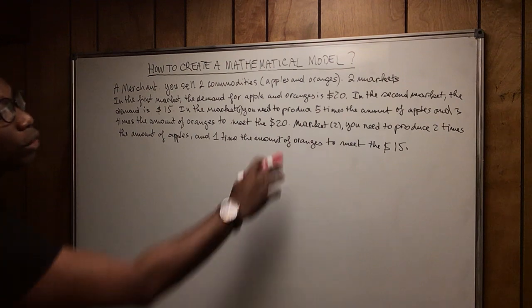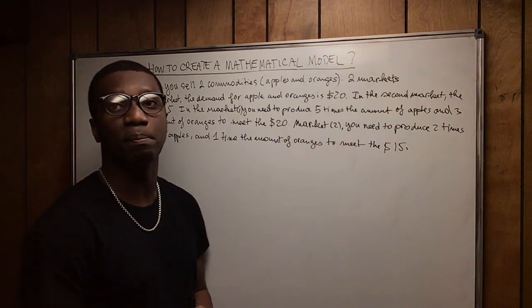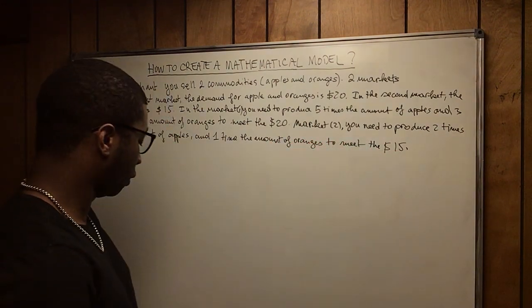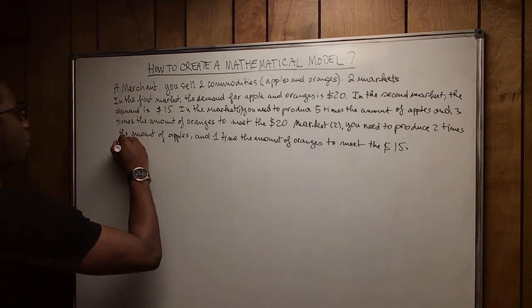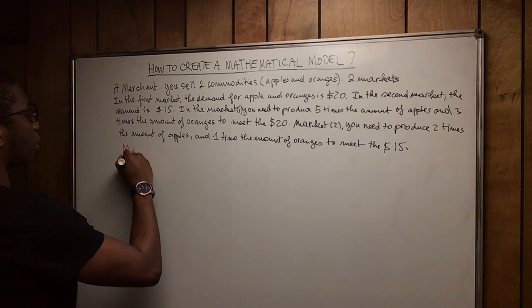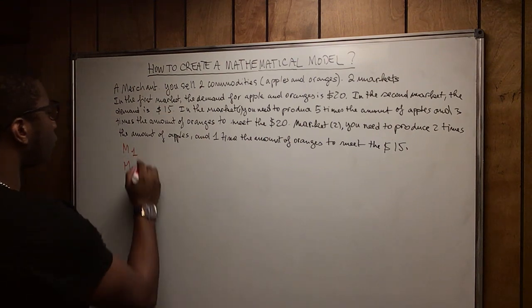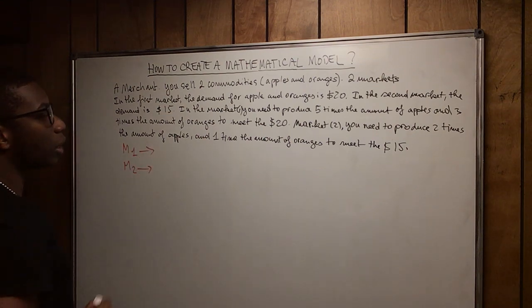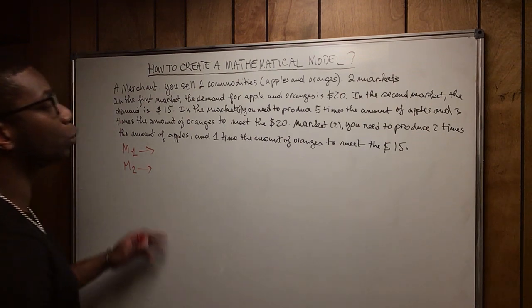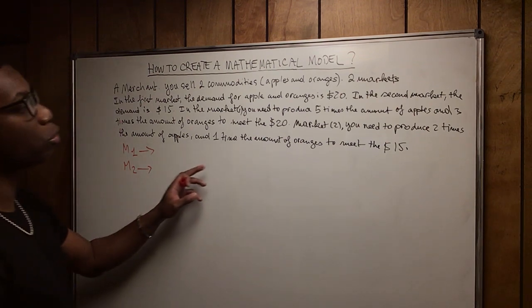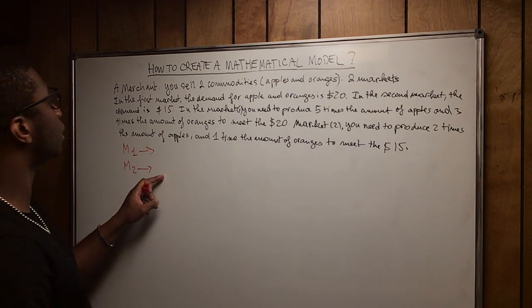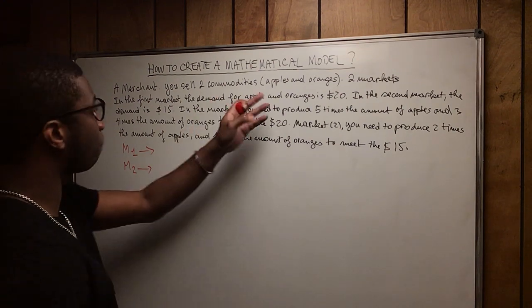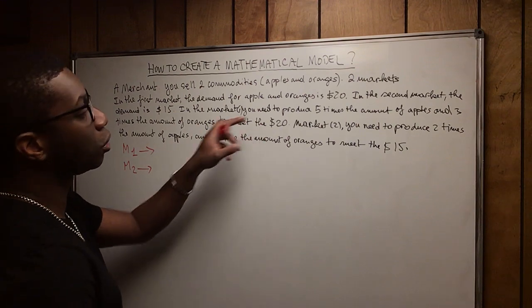So now how are you going to translate that into mathematical language? You know that you have 2 markets. So market 1 is M1 and market 2 is M2. Now you're going to set up an equation that will help you determine the amount of apples and oranges for each market to meet the demand.